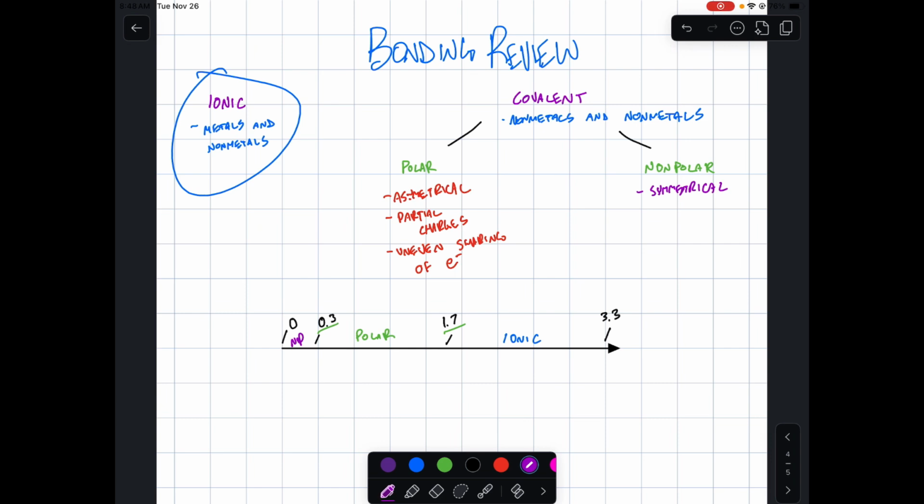Okay, it's going to be symmetrical in nature because the two elements have similar electronegativity, and so they're going to evenly share those valence electrons. Okay? And there's not going to be any partial charges in a nonpolar covalent compound.